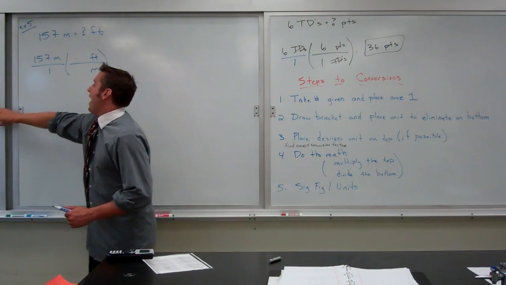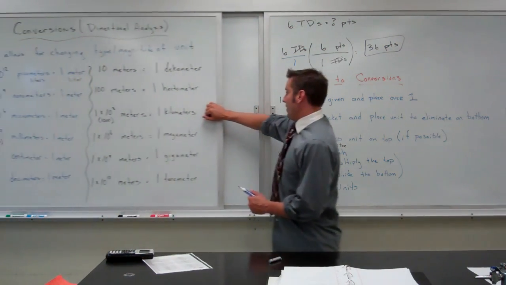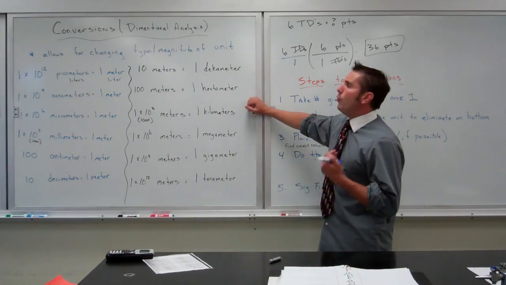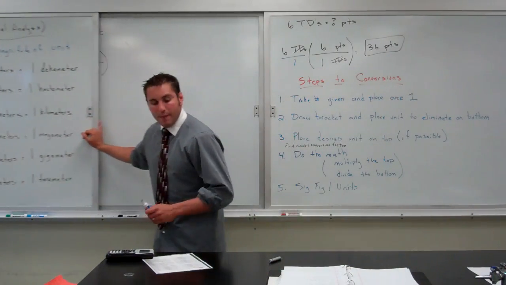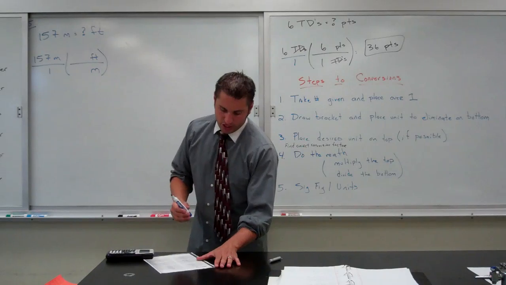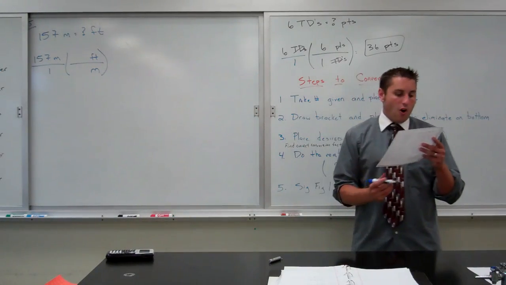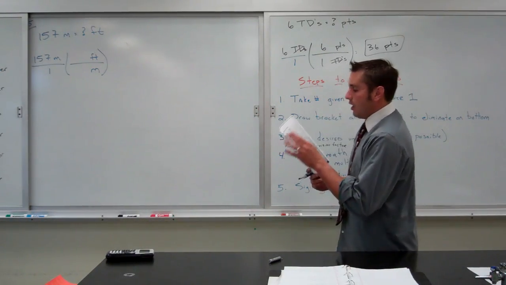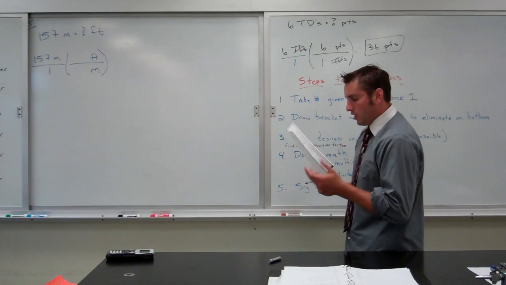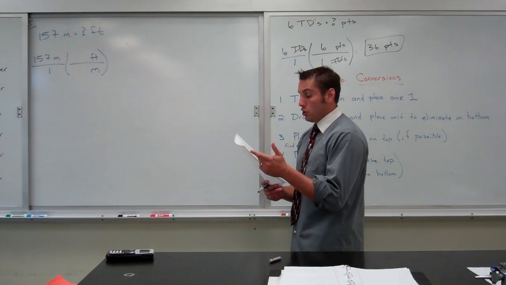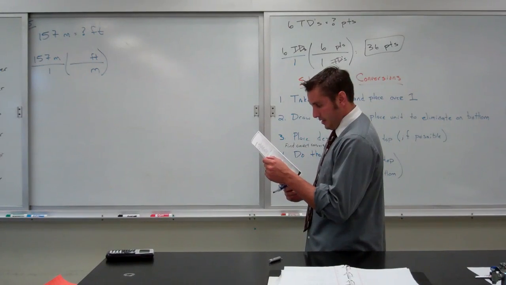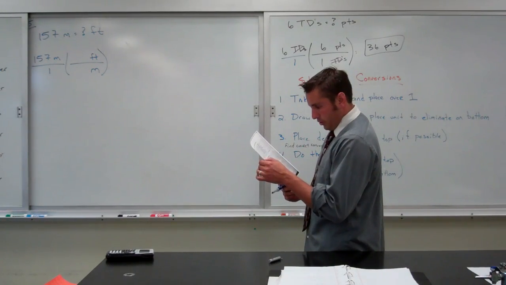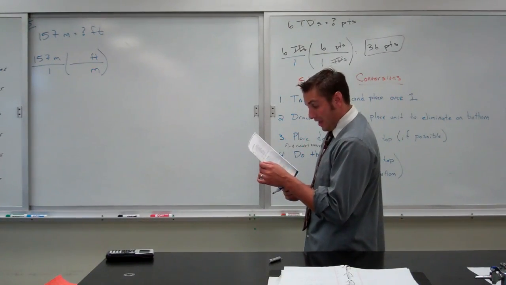Again, if you look at this conversion table, you won't see feet on there anywhere because that's American. So that means we have to look on our worksheet. Right? Meters and feet are measurements of length. Right? So if we take a look, I see meters relates to yards on this. I see that meters relates to angstroms.